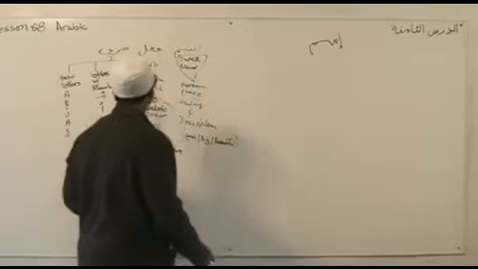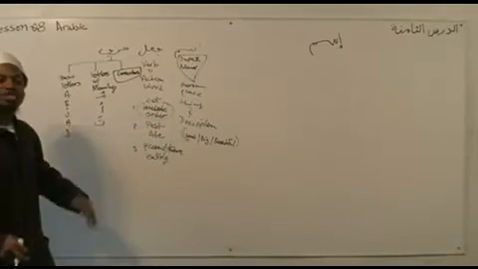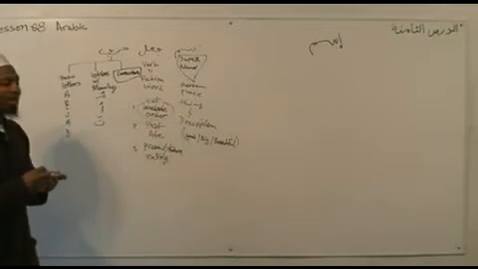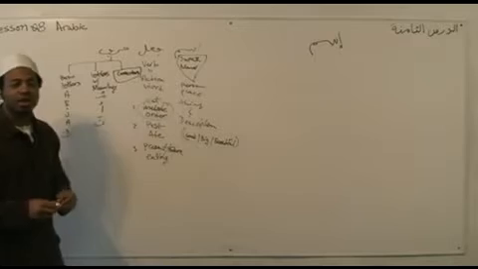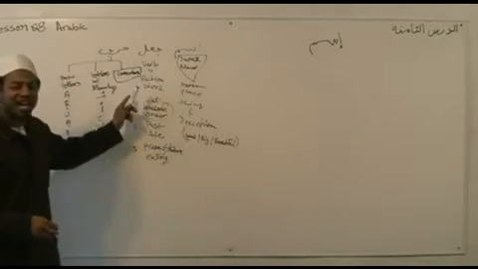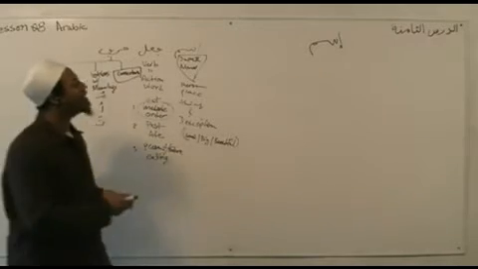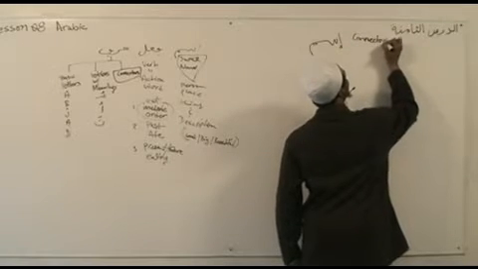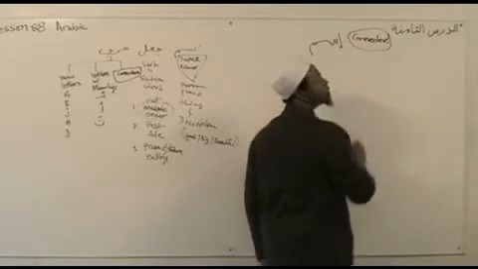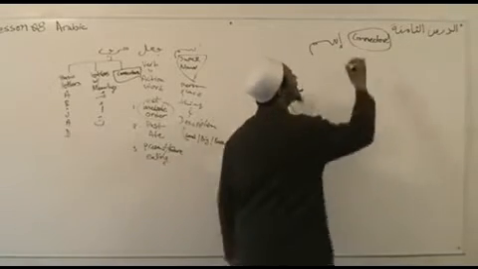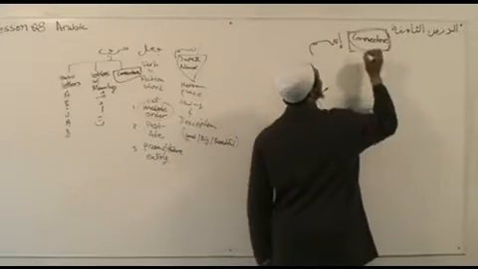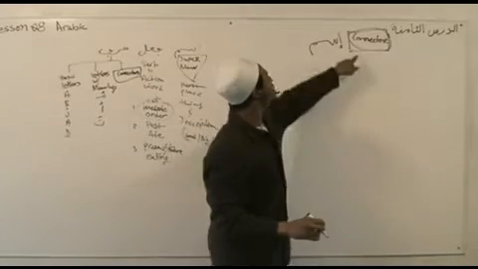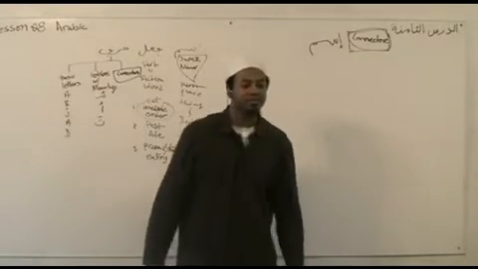Okay? One of the signs, one of the ways you can recognize an ismun is through the connectors. The presence of a connector, a harf, right here, before an ismun. Only a connector can come before an ismun. Right?